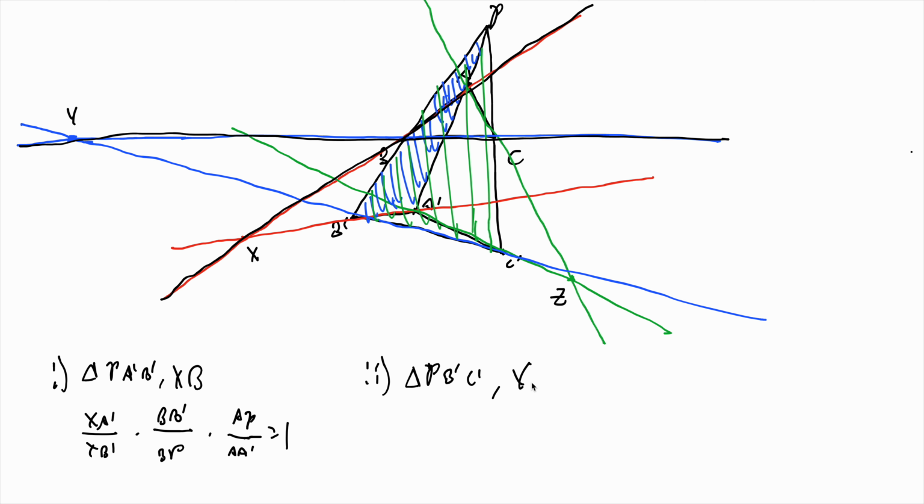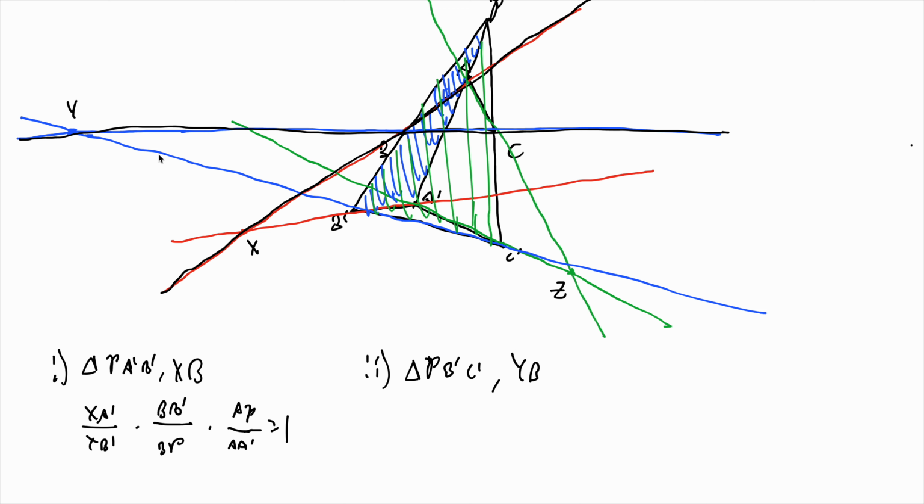So we have YB. By Menelaus, we know that we have this over that, so we have B, Y, Y, C prime times BP over BB prime times, we didn't do this one, right? So we have C, C prime over CP equals 1.